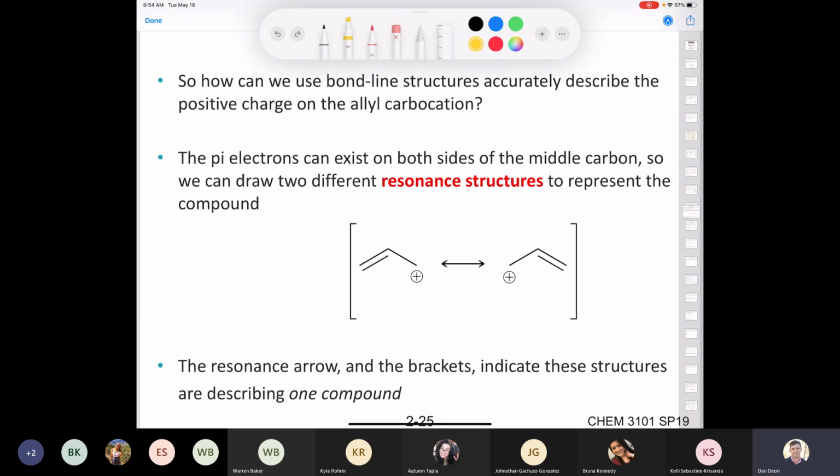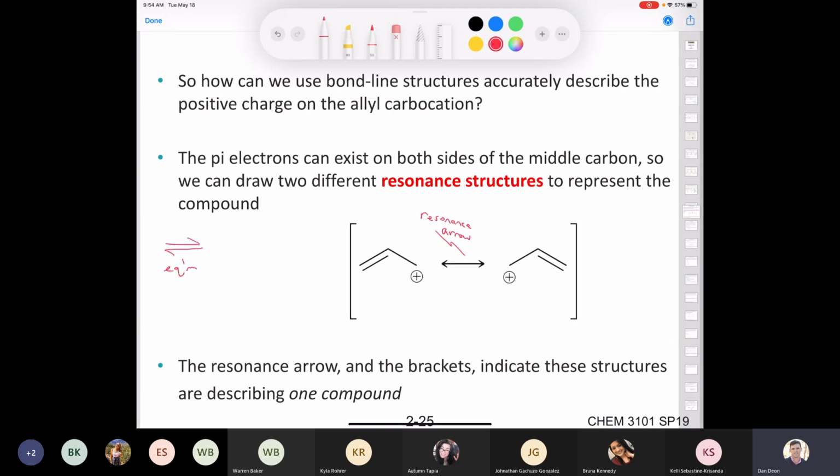It's important that you understand that the ion is not vibrating back and forth. When we have this double-headed arrow, this is called a resonance arrow, not to be confused with an equilibrium arrow. This is an equilibrium arrow.